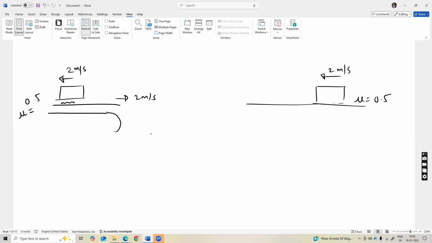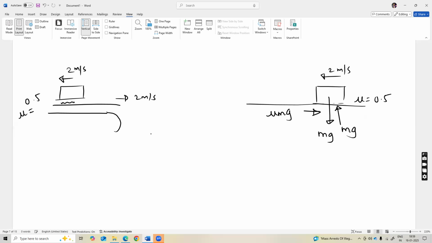In this case, the only force acting on this block will be the frictional force, and that will act in a direction opposite to its motion. Let's say mg is its weight acting downwards. The normal reaction is also mg, and therefore the frictional force is mu mg.